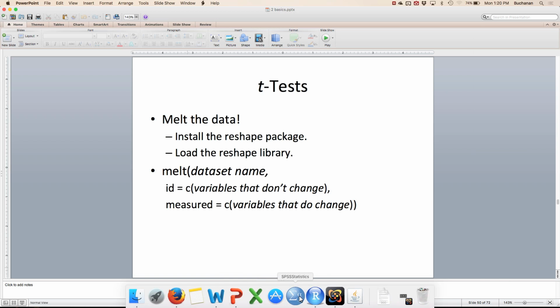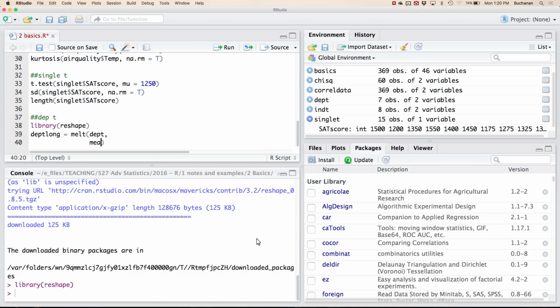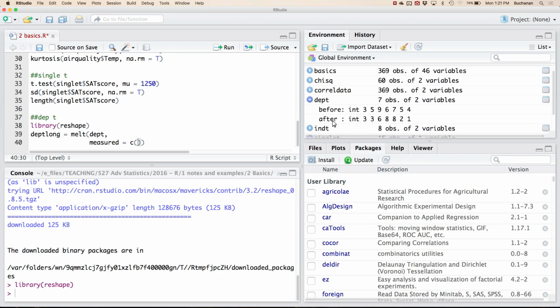So then what we're going to do is type measured equals, and we have more than one measured column, so we're going to concatenate or use the C function. Then type the names of the columns just like they're spelled in your data set. So if you've got that funky I symbol thing and you haven't fixed it, be sure it's in there.